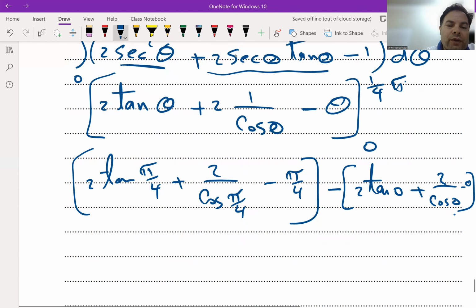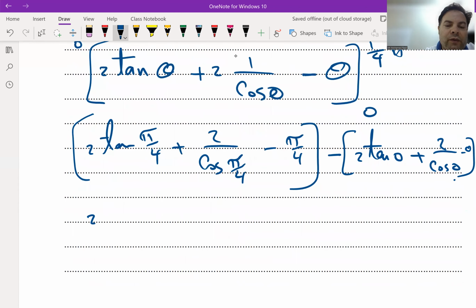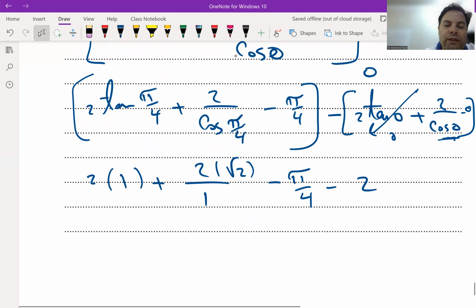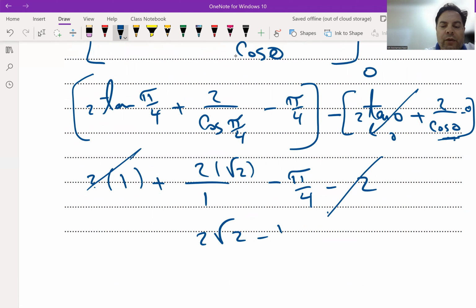You can use your calculator. Tan pi over 4 is equal to 1. Cosine pi over 4 is 1 over root 2, so write it like this, 2 over root 2, and simplify your answer. Minus pi over 4. Tan 0 is 0, cosine 0 is 1, so the answer will be 2. Simplify more: minus 2 plus 2 cancel. So 2 plus root 2 times... the answer is 2 root 2 minus pi over 4.